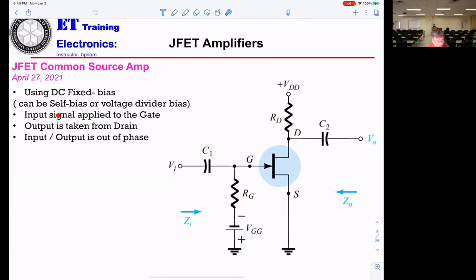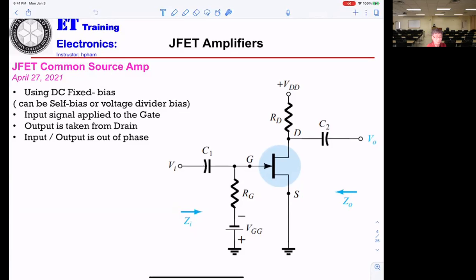Now, the input signal is applied to the gate, and the output is taken from the drain. They're also telling you the input and output will be out of phase. That is summarized for you. You don't have to do any calculation for the AC, but when you're looking at a schematic, you're able to tell.